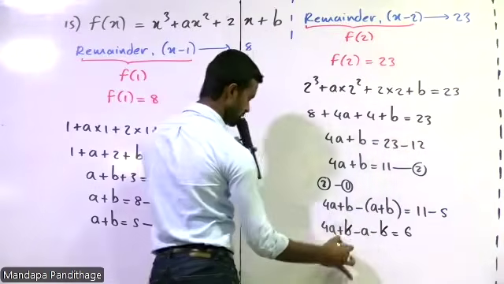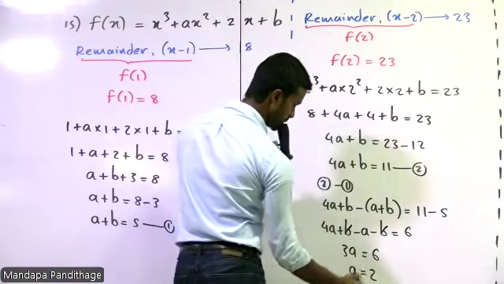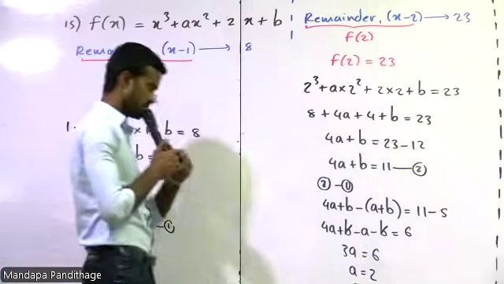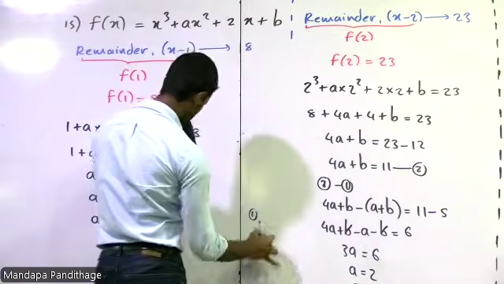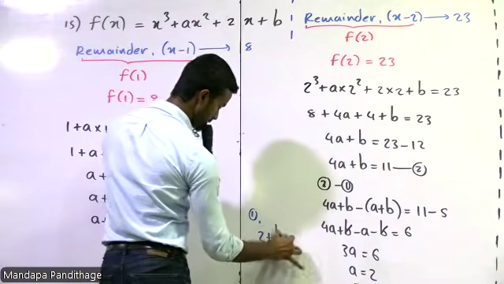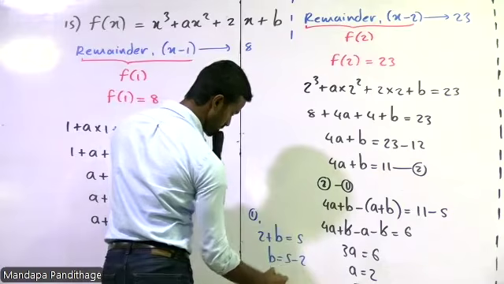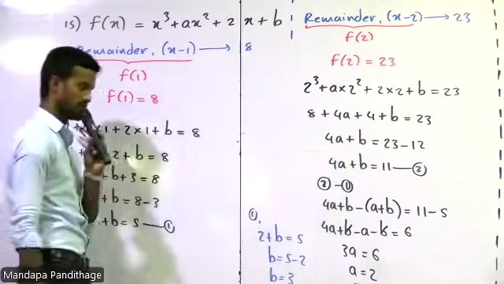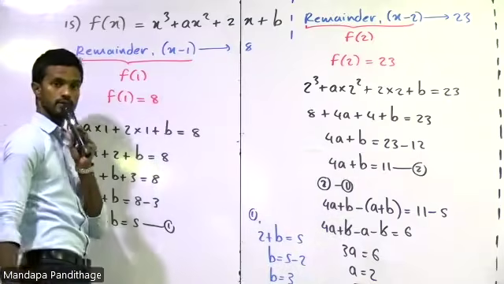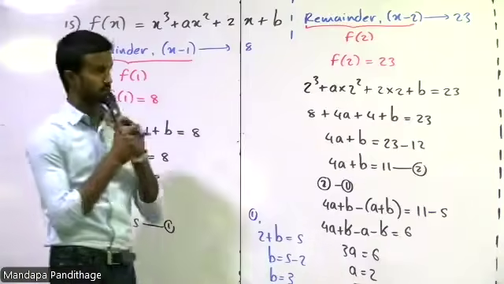So b cancels off. 3a is equal to 6, which gives me a is equal to 2. So when a is equal to 2, you can get this from the first one. a is 2, 2 plus b is equal to 5. b is equal to 5 minus 2, so b is equal to 3. Okay, hands up who got a equals 2 and b equals 3. Okay, good.